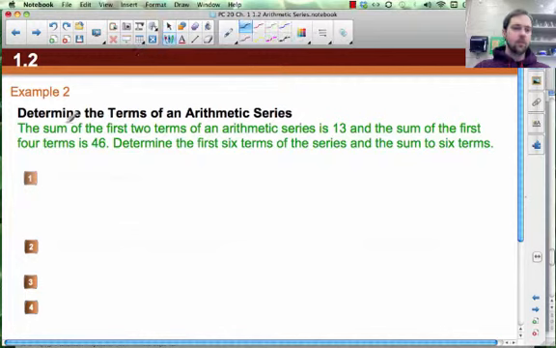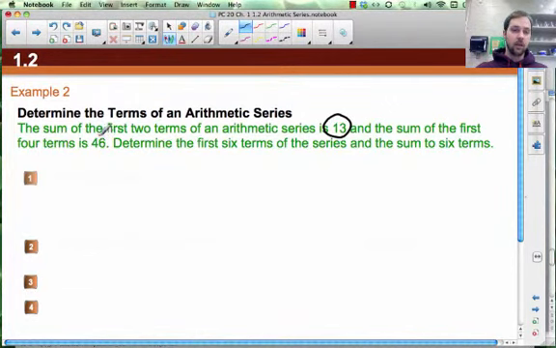Okay, so the second example, now we're going to determine the terms of an arithmetic series. The sum of the first two terms of an arithmetic series is 13, and the sum of the first four terms is 46. Determine the first 6 terms of the series and the sum of the first 6 terms of the series. This is an interesting one because all we're given is 2 sums.